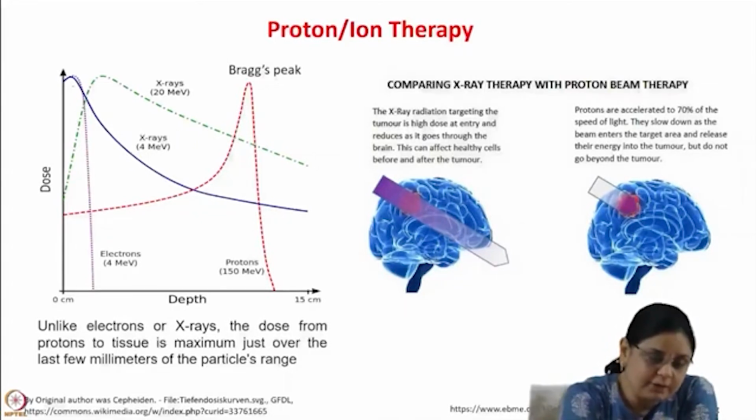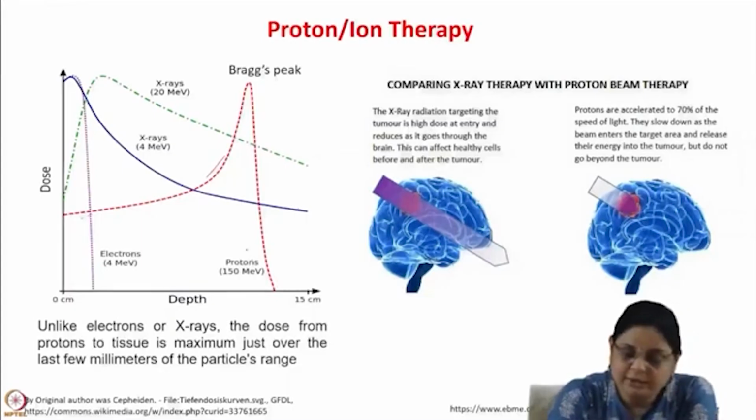Similar for electrons, which deposit all the energy at just a few centimeters depth of the tissue. However, for the proton beam, initially the dose is very low, then it suddenly peaks and then again goes to zero. So this is an advantage where your tumor is lying deep inside the body.